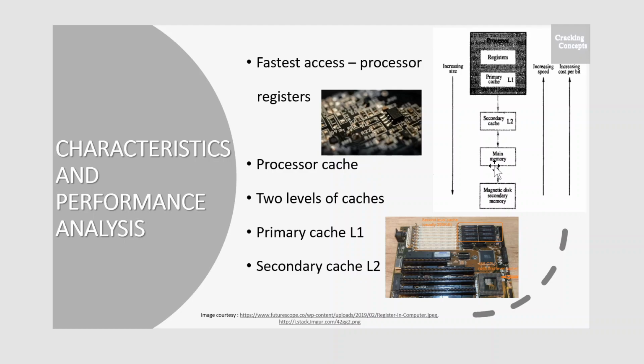There are often two levels of cache. A primary cache is always located on the processor chip. This cache is small because it competes for space on the processor chip, which must implement many other functions. The primary cache is referred to as level 1 or L1 cache. A larger secondary cache is placed between the primary cache and the rest of the memory. It is referred to as L2 or level 2 cache.